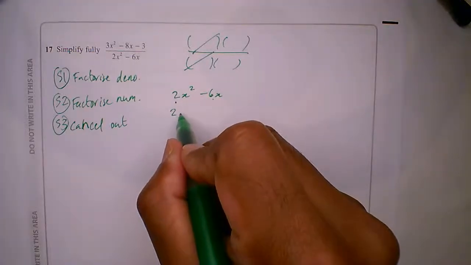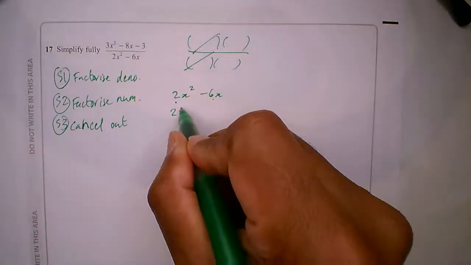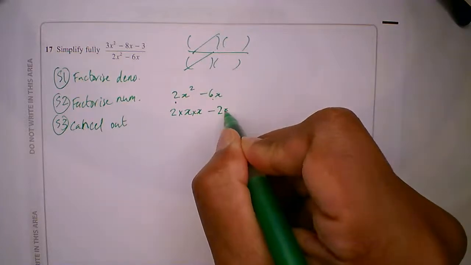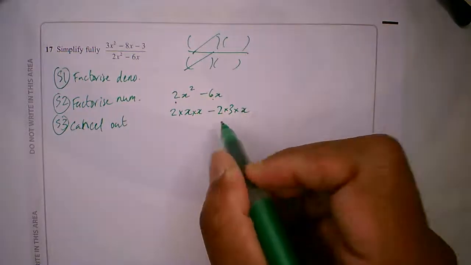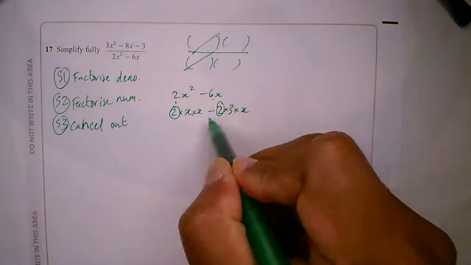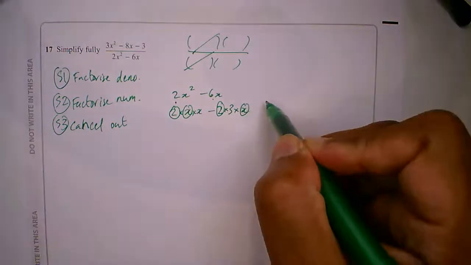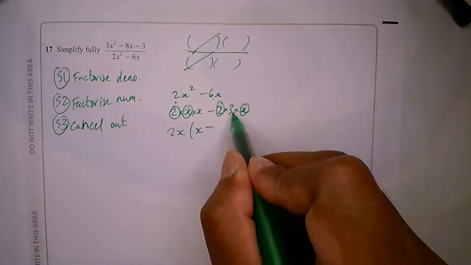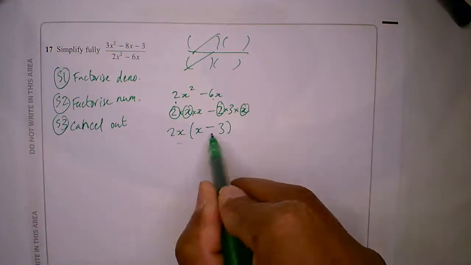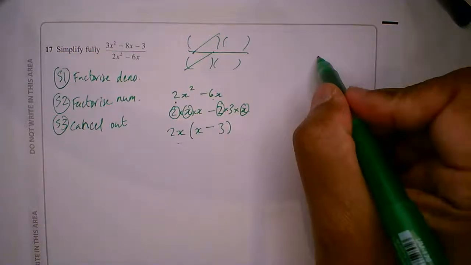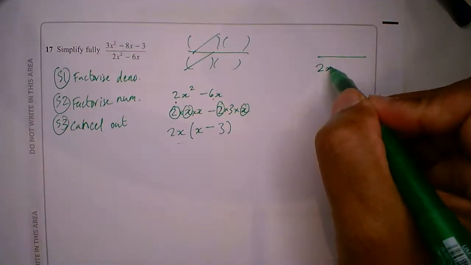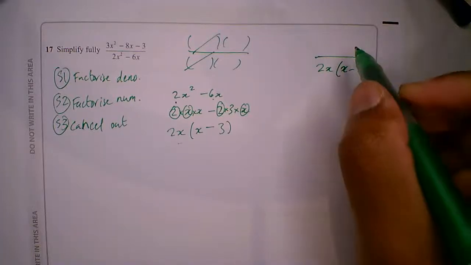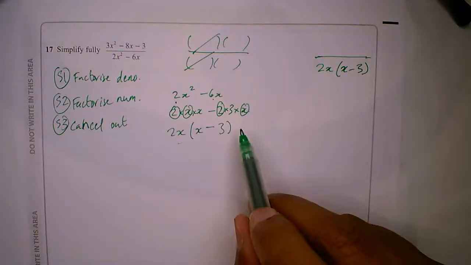If I split this up, 2 times x, take away 2 times 3 times x, I can see I've got a 2 here, and I've also got an x there. So I can take those out. So it gets 2x bracket x minus 3. So that part is factorized. So I'm going to put this here, 2x, x minus 3. Okay, now that's usually worth a method mark.